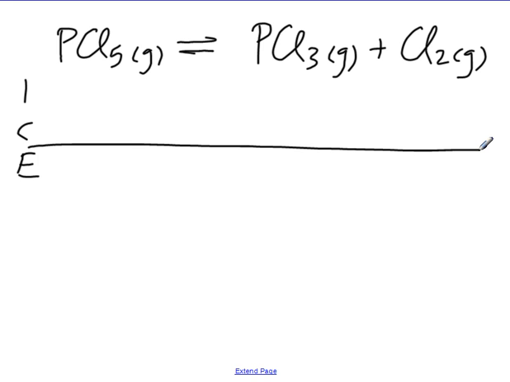Then to divide by 20 would mean to divide by 10 and then again divide by 2. So 0.2 divided by 20 gives me 0.01 molarity. That was the only thing put in the container, so these guys are going to start at 0.